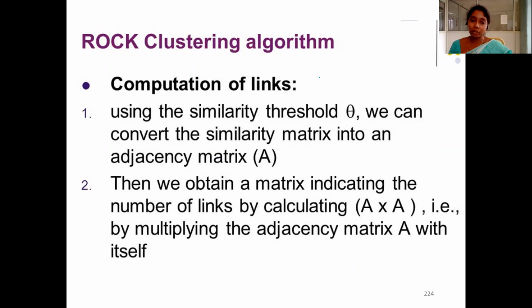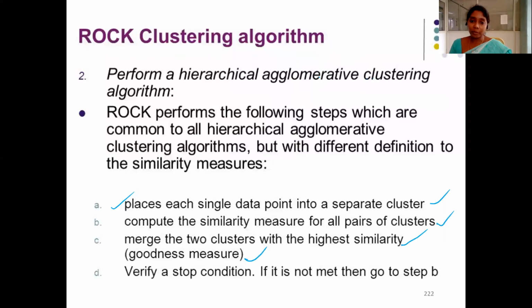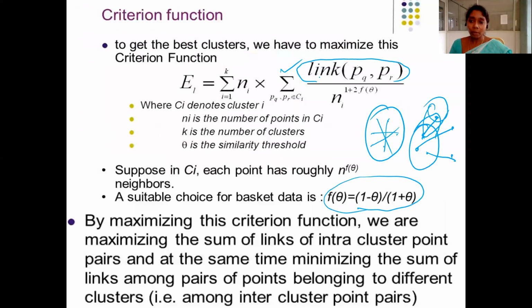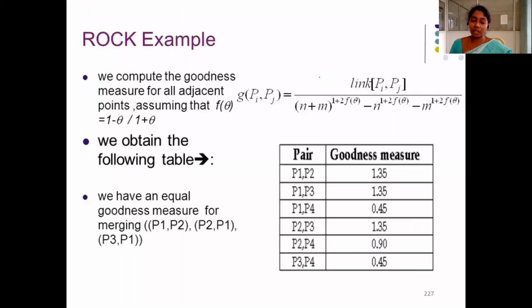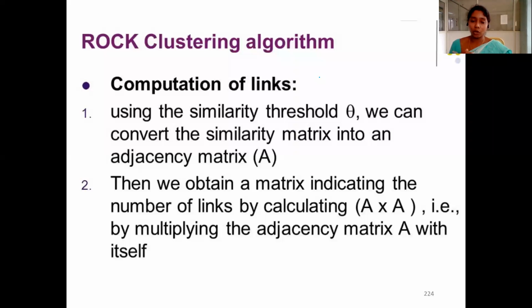Coming to the computation of the link. Using the similarity threshold theta, we can convert the similarity matrix into an adjacency matrix. Actually, this is the process we need to go through, but for a large set of data, it is not possible to go through each and every observation specifically. So how can we generate the links? First, we generate the similarity matrix using the Jaccard coefficient.